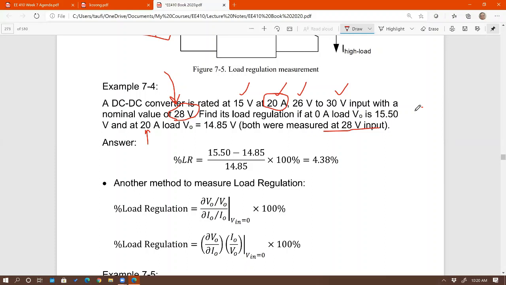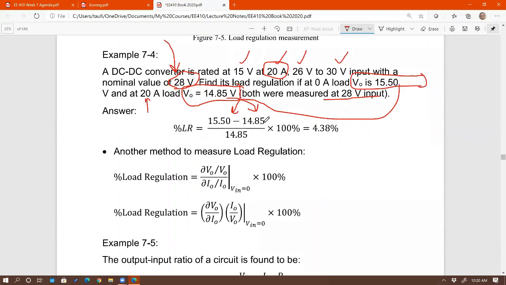So I'm going to use these two numbers. Remember, I'm only using V out numbers. 14.85 goes right there, and 15.50 goes there. And just like the equation shows you, the 14.85 you also put in the denominator, that's at high load. Then you get the number for load regulation.